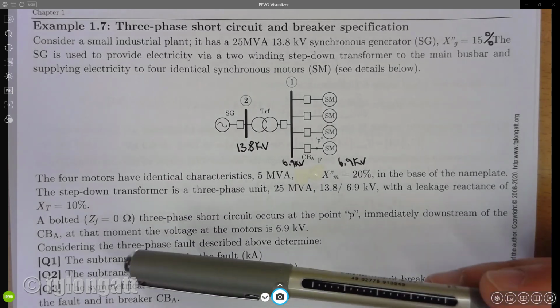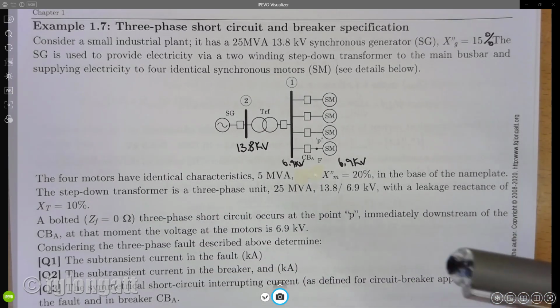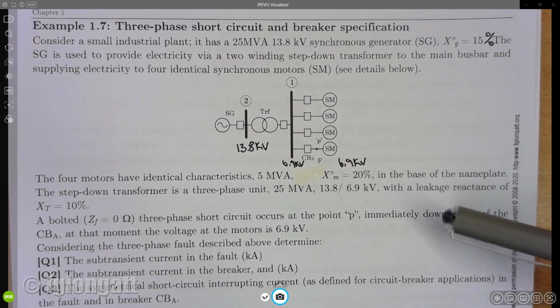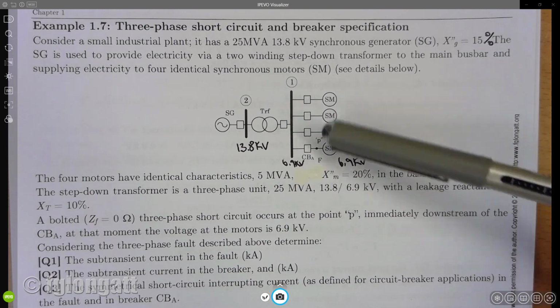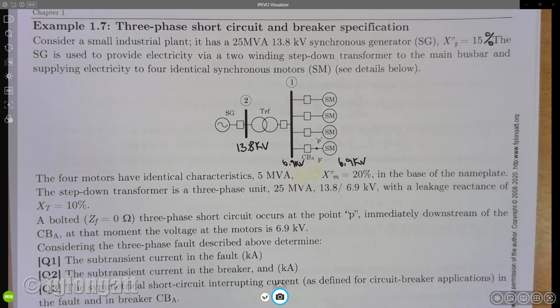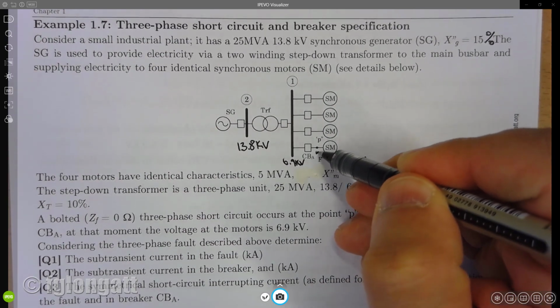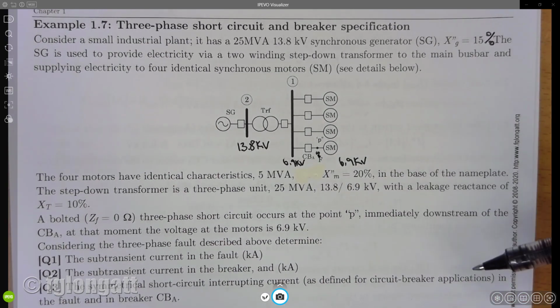Suddenly, there is a bolted solid three-phase short circuit at the point P, immediately underneath the circuit breaker A. Okay, this is the location for the faults. And at the moment that fault happened, the voltage is 6.9 kV.